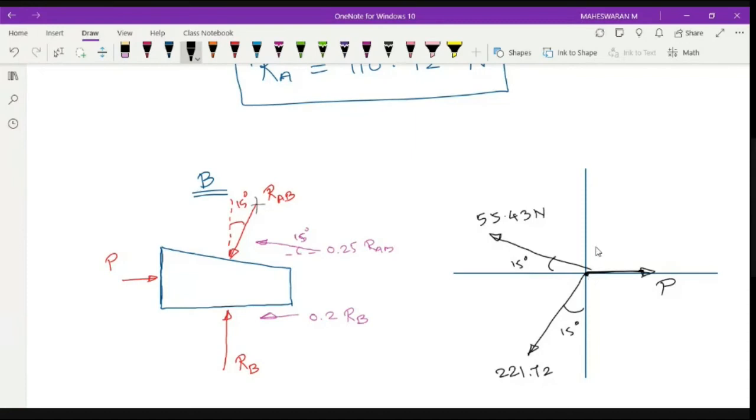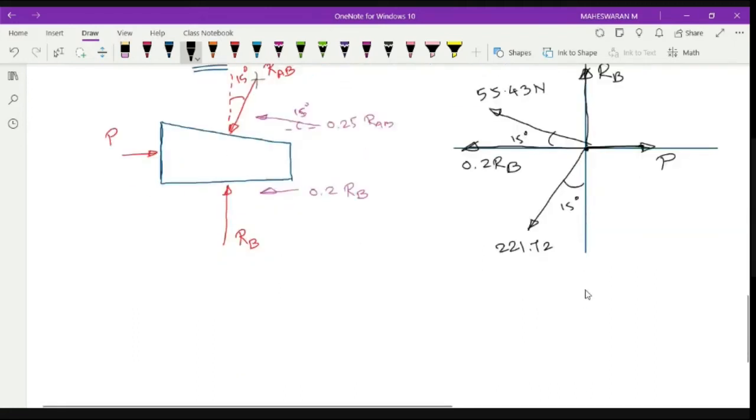RB is acting in the upward direction, and 0.2 RB is along this direction. So these are the unknown values. Okay, so these are my forces.